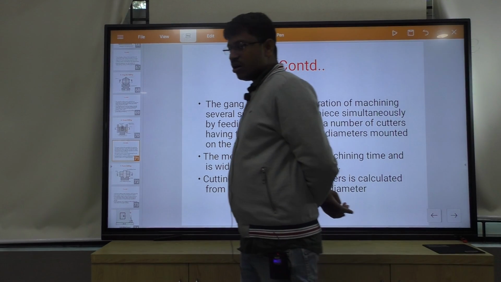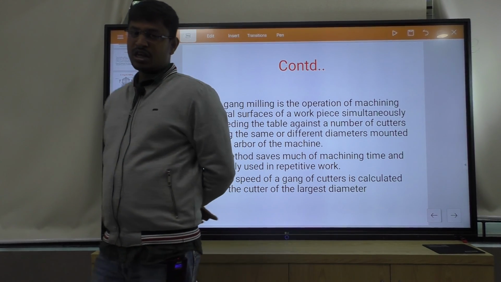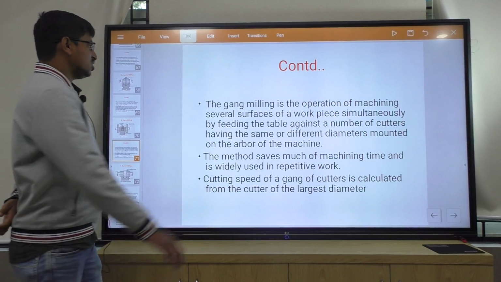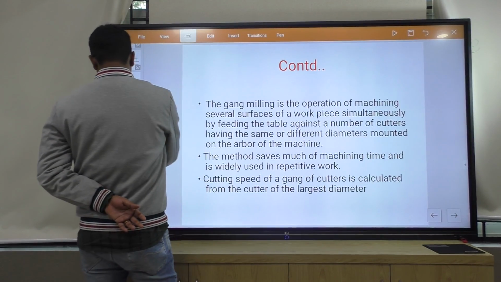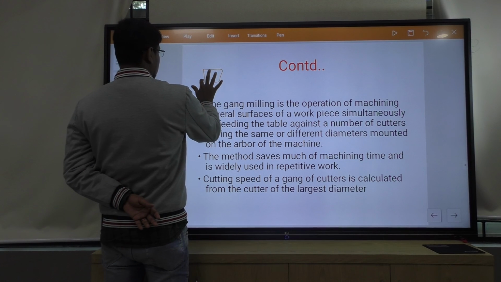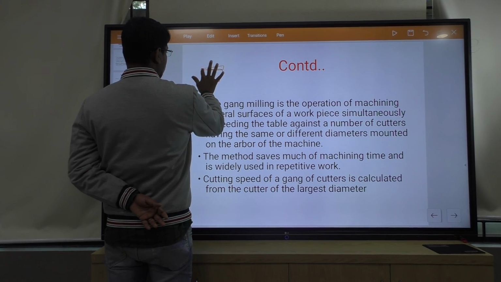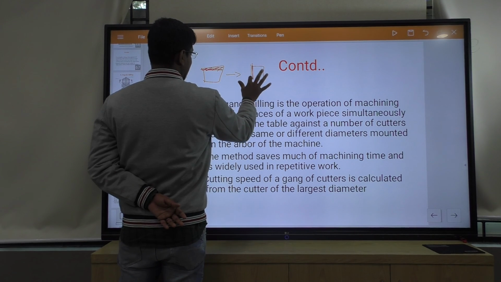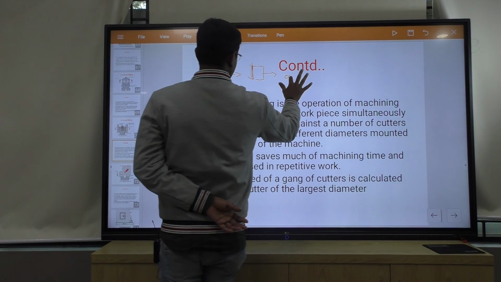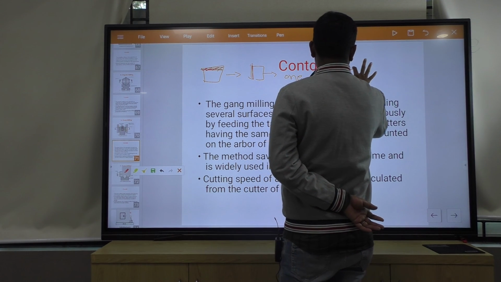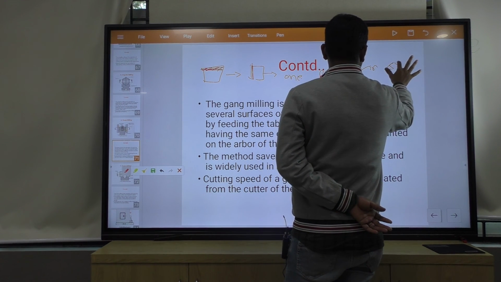Gang milling saves more time because, generally in manufacturing, if we produce this surface, then another surface, then another surface, the operations must be performed one by one in sequence.